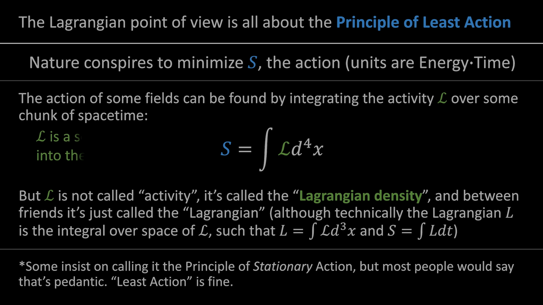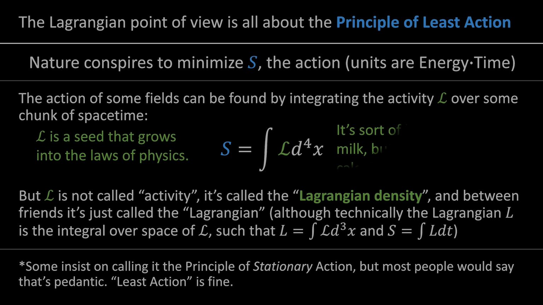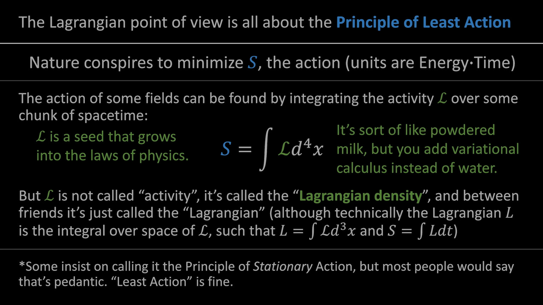So think of the Lagrangian as a seed that grows into the laws of physics. Later in the video, when we derive the inhomogeneous Maxwell's equations, we'll see how this works in gory detail. But for now, the only thing we have to recognize is that the Lagrangian encodes the laws of physics in a condensed format. And this gives us a great way to define what it means for some transformation not to change any observables.